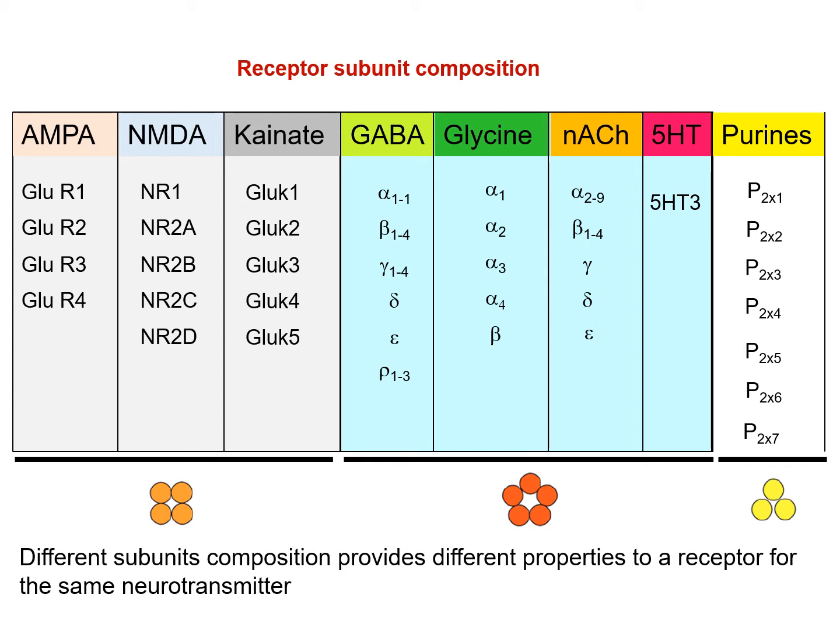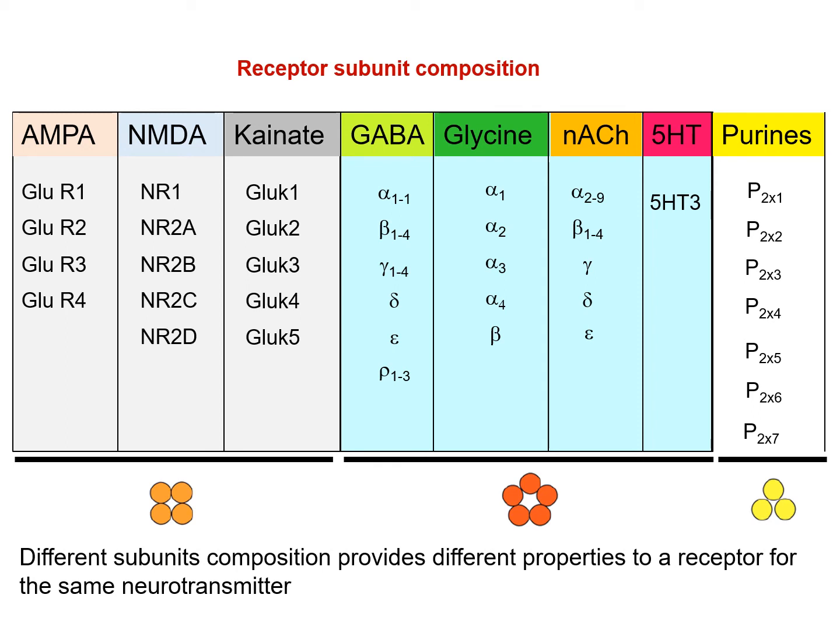Then the Cys-loop receptors, the ones formed by 5 subunits, also have a variety of different subunits that can compose each of the receptors. In the case of the GABA receptors, there are subunits corresponding to alpha, beta, gamma, delta, epsilon, and rho, and there are different isoforms of each of these subunits.